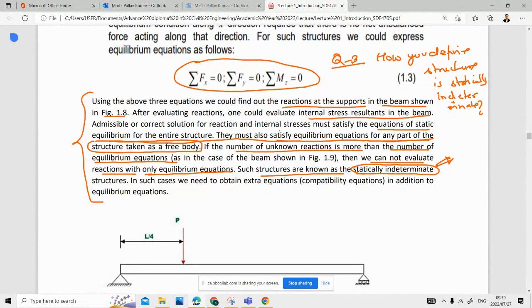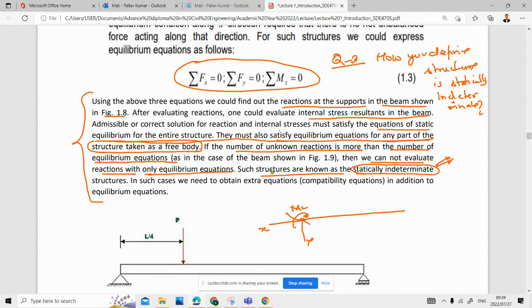If you are only talking about 2D structures, two-dimensional structures, which is your beam, you have one dimension like this, your y, and you have your x. Whenever the rotation happens, it happens along the z direction, and that is Mz.